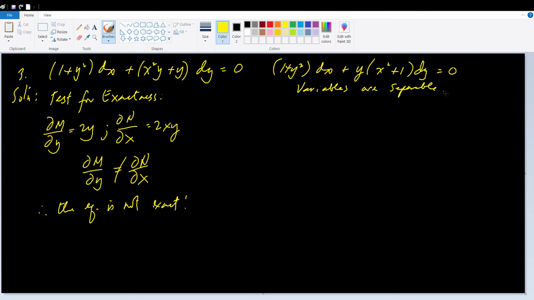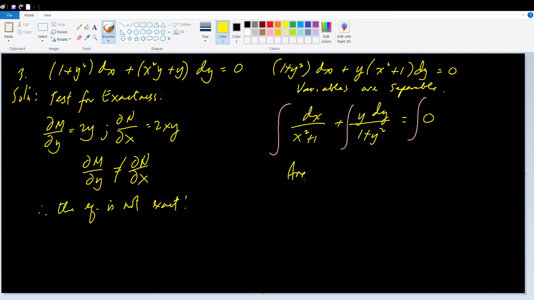Alright? So we know how to find the solution of an equation where the variables are separable. So this will become dx over x squared plus 1 plus y dy over 1 plus y squared equal to 0. We can then integrate.